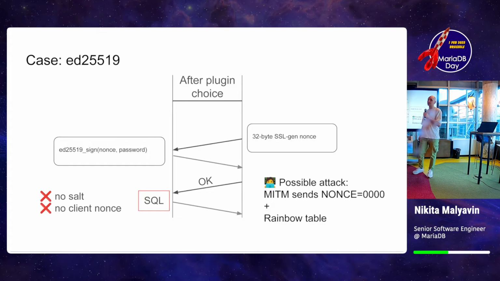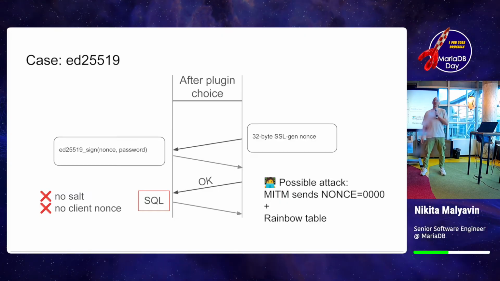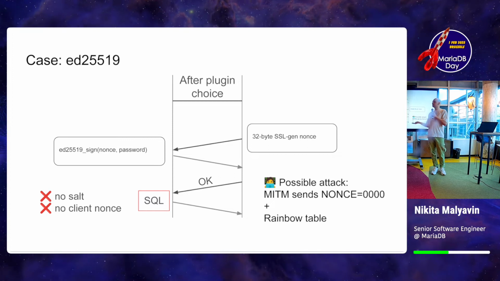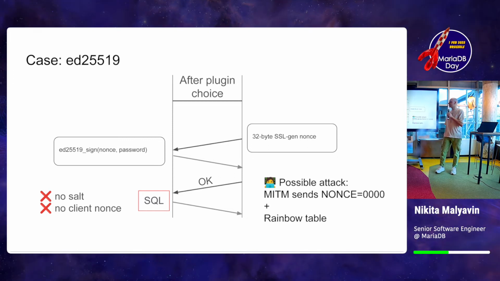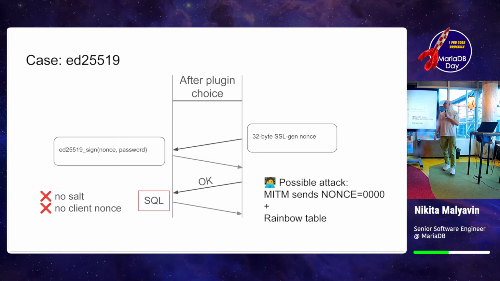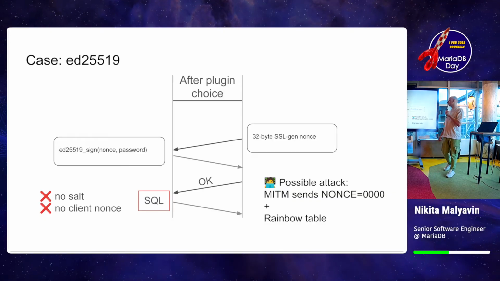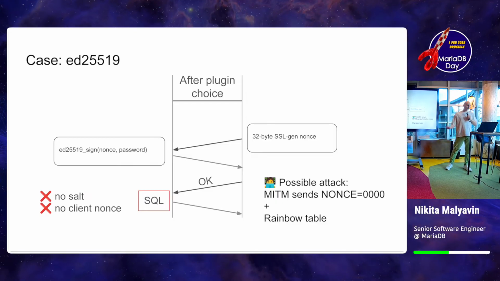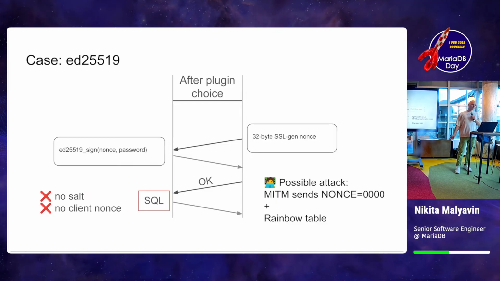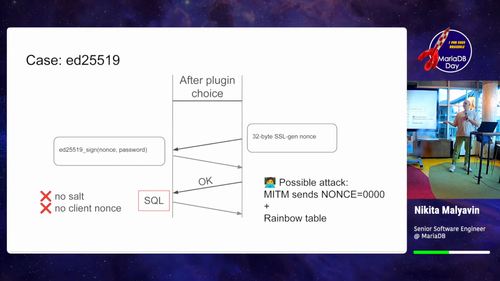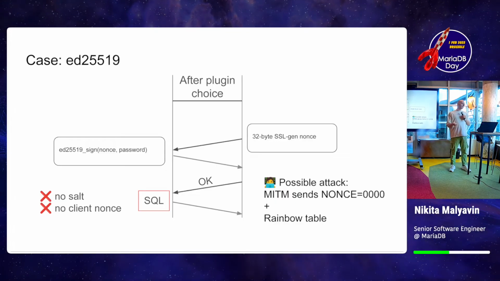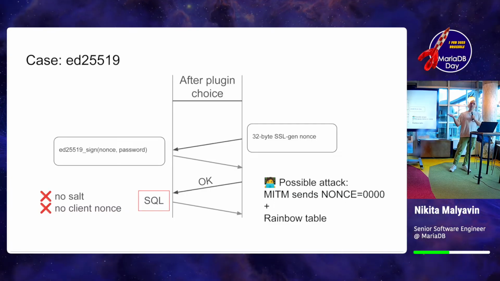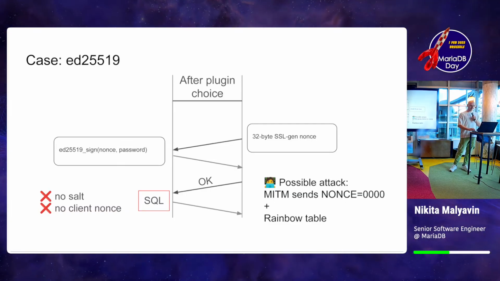Yes, the signature is 64 bytes long, so it may be kind of safe. But yet, it's extra information about the password. So this can be problematic. And also, with no client nonces, this man-in-the-middle problem may even reveal the SQL sent by the client, because the server is not validated here.